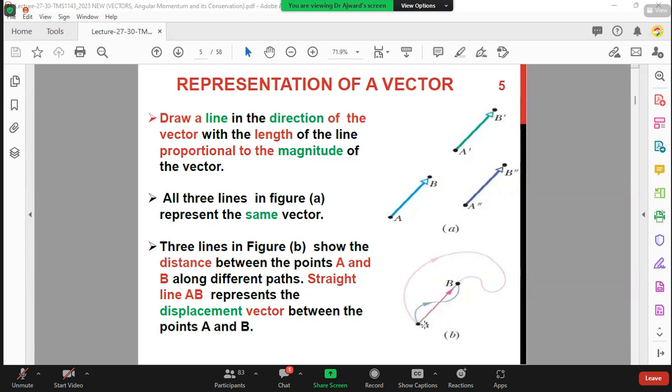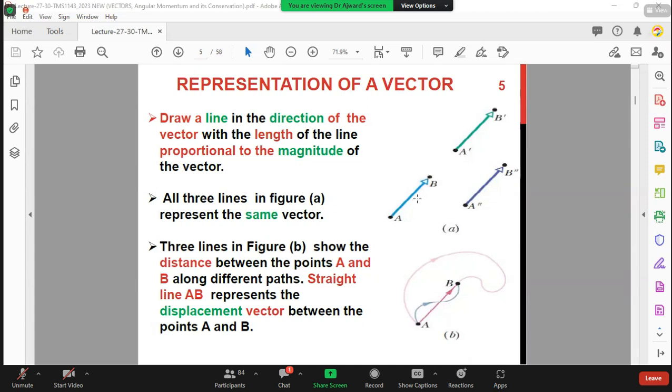Remember the delta x? You can check the previous notes or your short notes. So this displacement vector can be represented by this line, and you put a small arrow in the direction of the displacement.